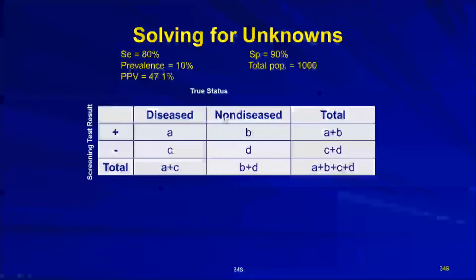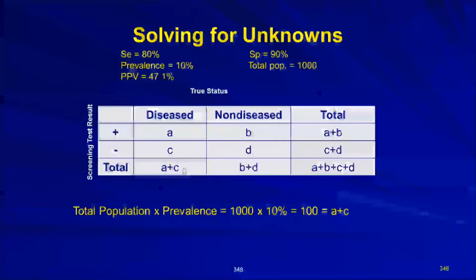Okay, so we're going to take 1,000 and we're going to multiply that 1,000 times 10%. And you can take a moment and do that as I'm talking. And then what we're going to do is we're going to put the 100 right in A plus C. So now we have A plus C, we have the total population of 1,000 here, and we want to solve for what's going to go into the B plus D column.